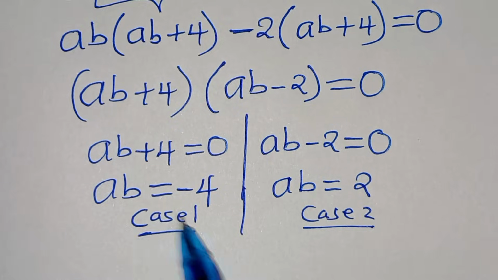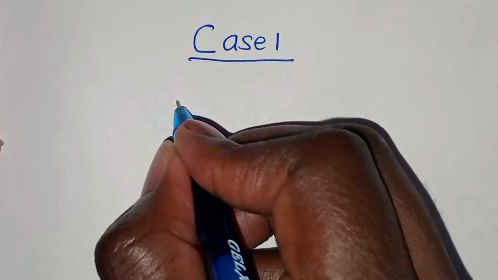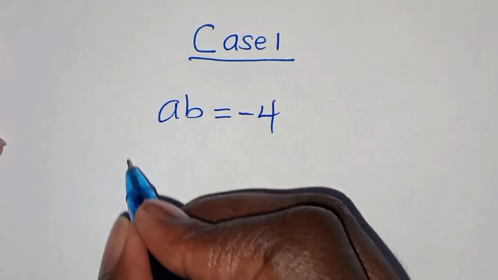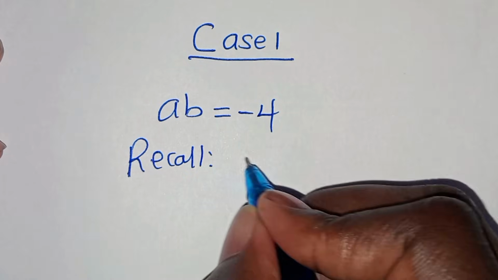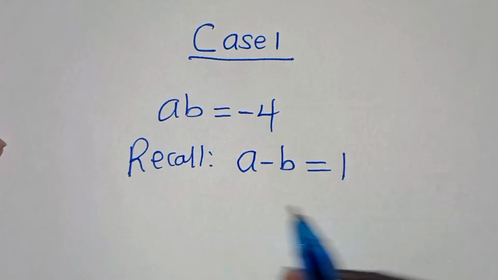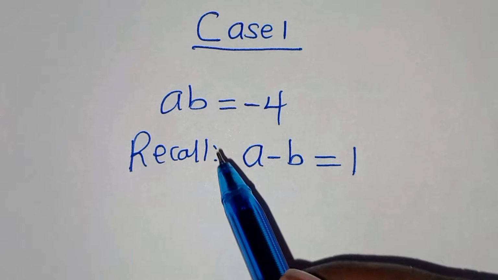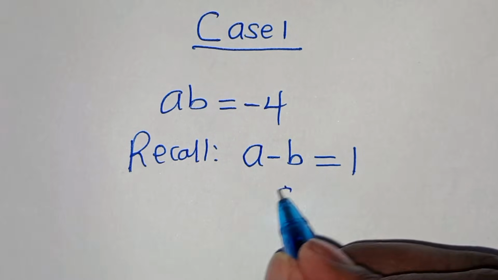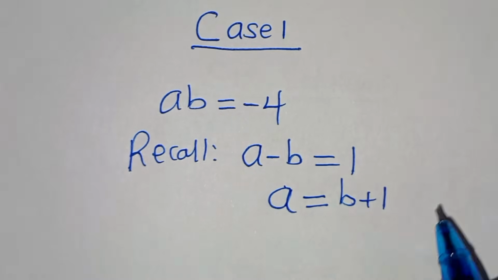Now let's start with case 1 here. From case 1, we have ab is equal to minus 4. And if you recall, we have that a minus b is equal to 1. This is from equation 2. So from here, we can make a the subject of the formula so that a is equal to b plus 1.